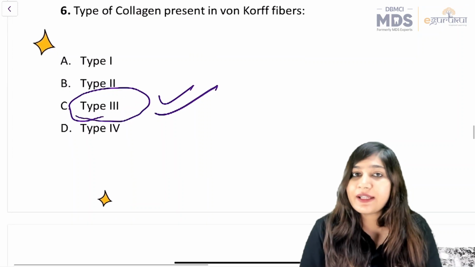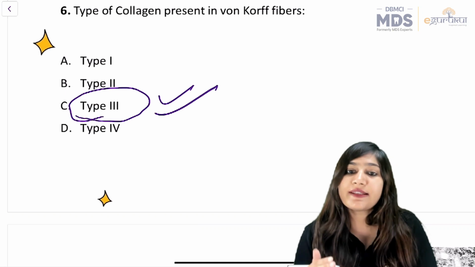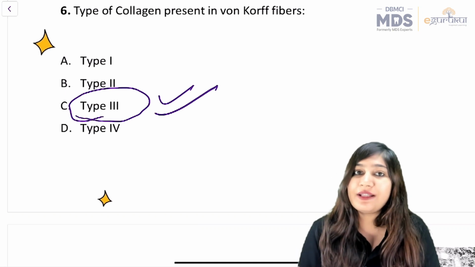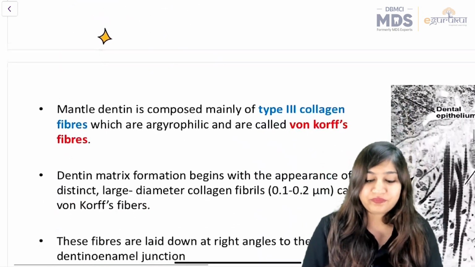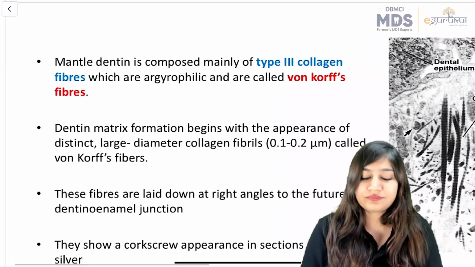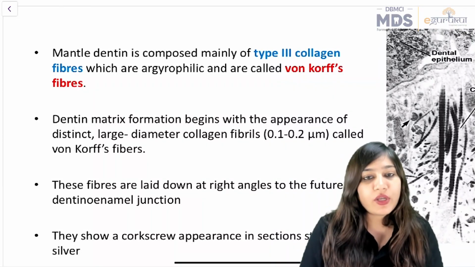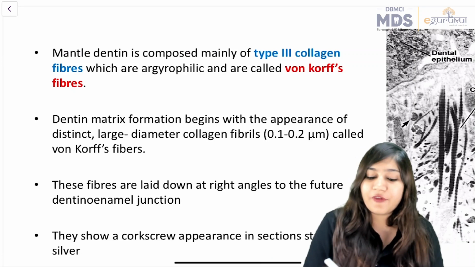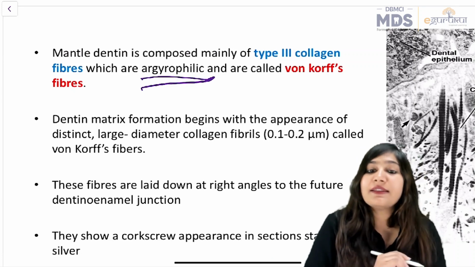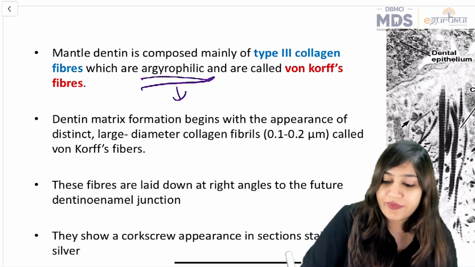They are mainly present in mantle dentin. Mantle dentin is present just next to the dentino-enamel junction. Mantle dentin is composed mainly of type 3 collagen fibers which are argyrophilic, that is, they stain mainly with silver stain.